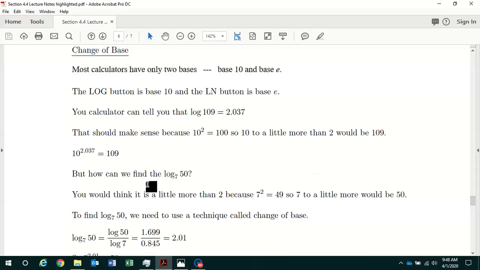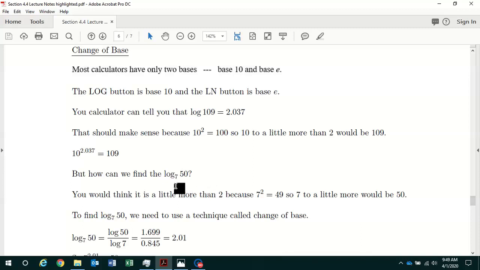Well, what if we want to find the value of log base 7 of 50? And we don't have base 7 on our calculator. Now, before I talk about how to calculate that, we're going to learn the change of base formula.